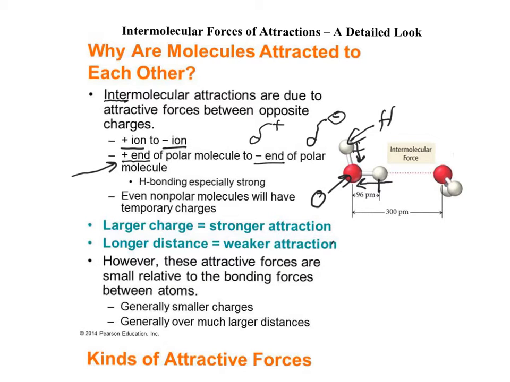We represent dipoles by these funky looking arrows, where we have the arrow pointing in the direction from positive to negative. The arrowhead designates the negative part, where there's a partial negative, and the positive end, of course, is where you have the partial positive.